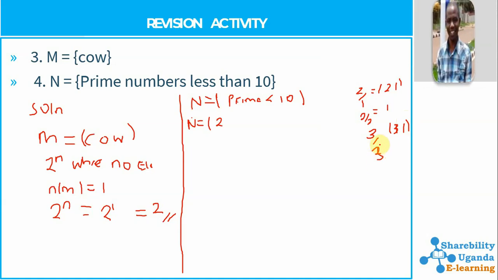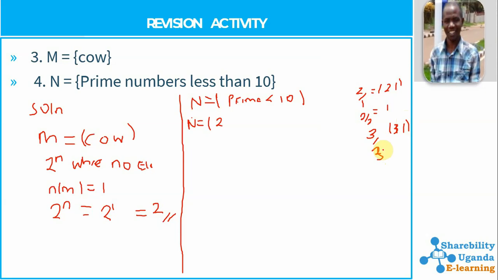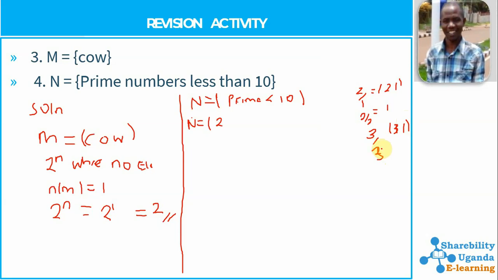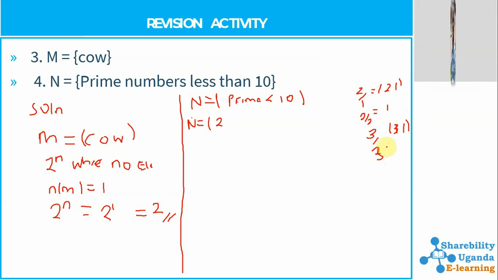So the factors of 3 are 1 and 3, that is, 1 and itself.